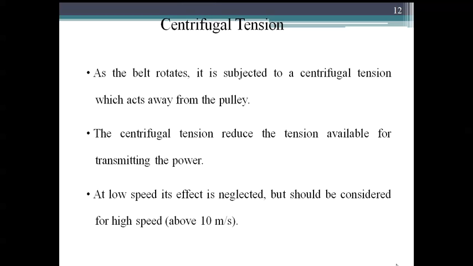If the belt velocity is more than 10 meter per second, we need to consider the centrifugal tension. If it is less than 10 meter per second, it can be neglected. Due to the centrifugal tension, there is a reduction in tension and also a loss of power. This centrifugal tension acts away from the center of the pulley.